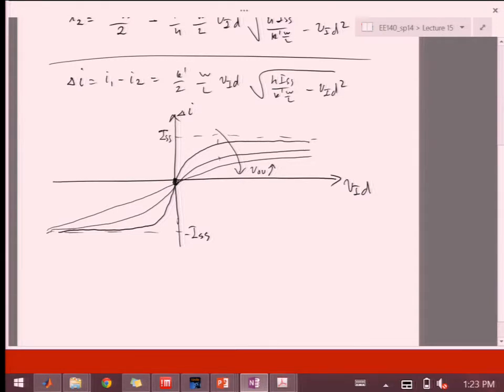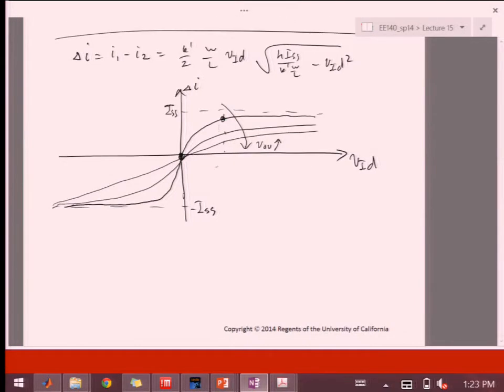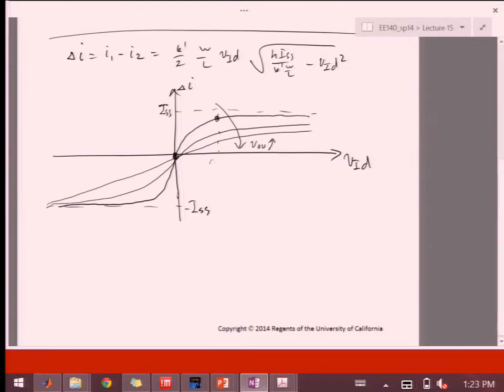So, for example, if we pick a point where I'm close to ISS, I'm going to call this point VID off. This is the point at which the output current no longer depends on the input delta. That's the point where we're saturating the input.